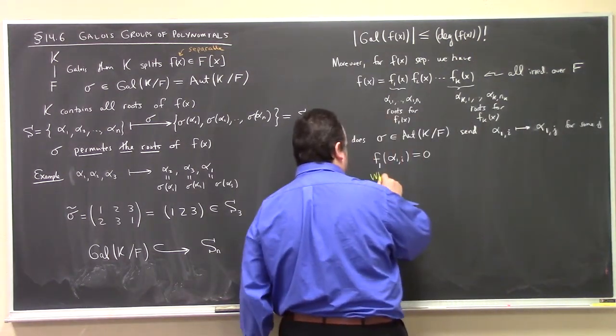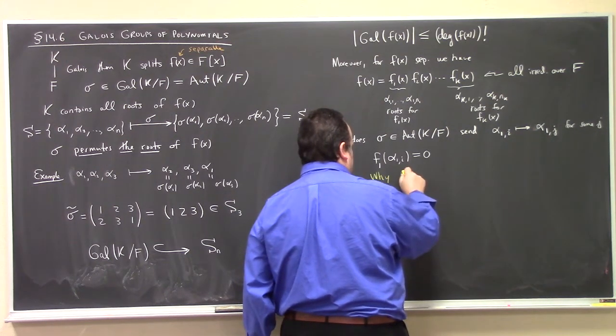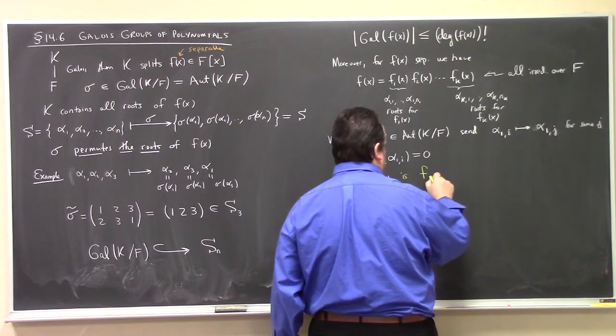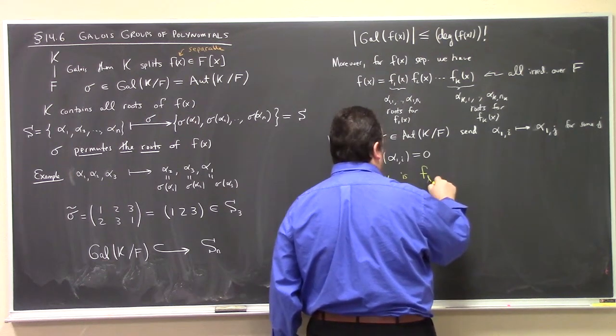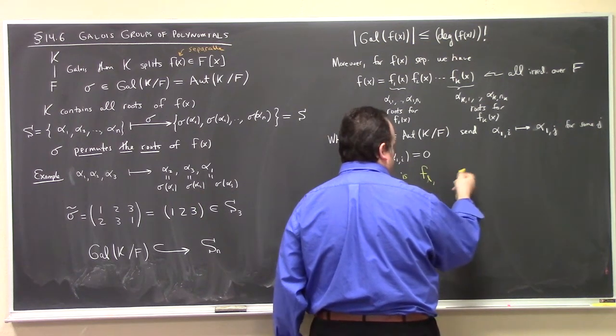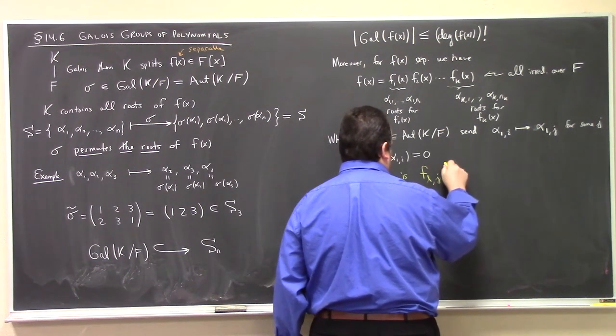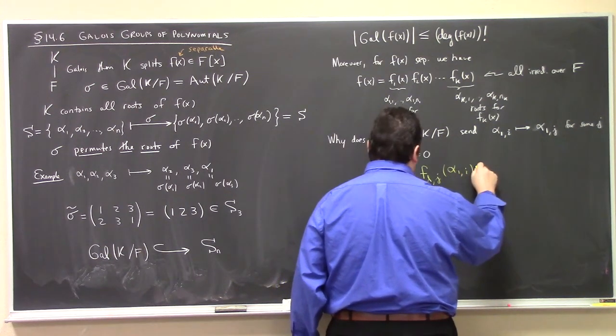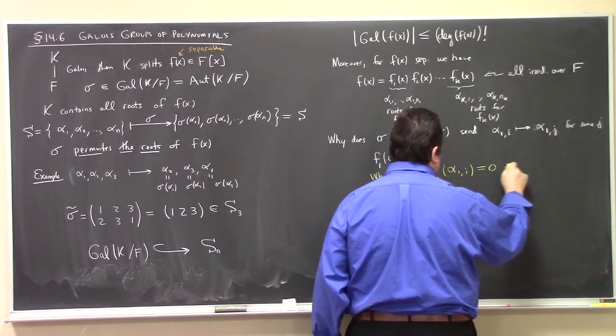Why is f sub L, any choice, whatever, of alpha 1 comma i equal to 0 forbidden?